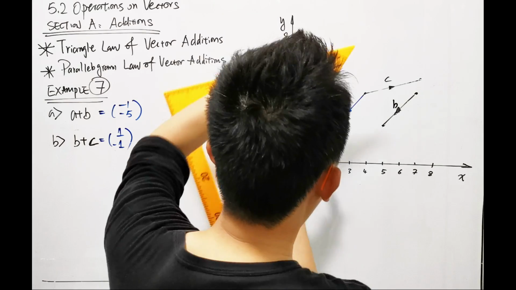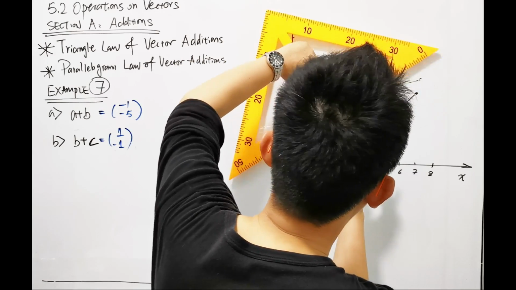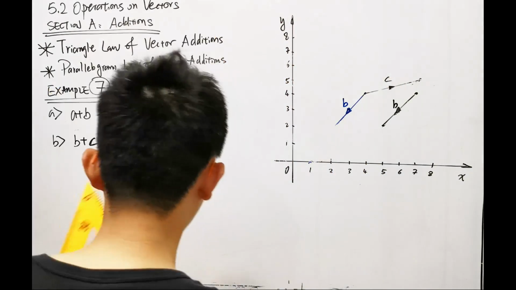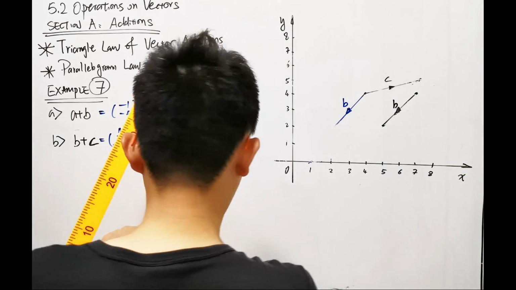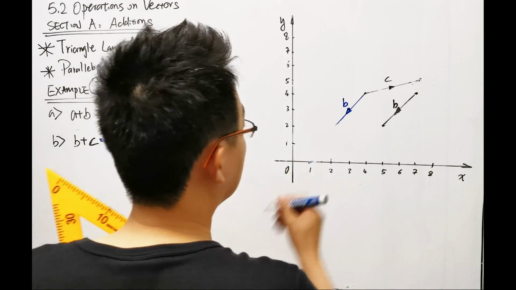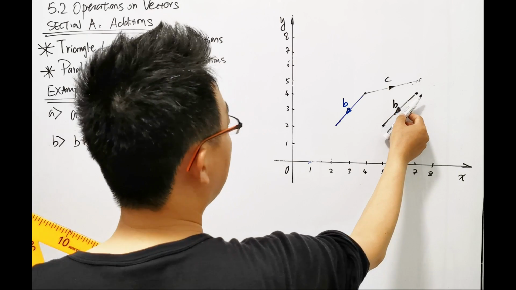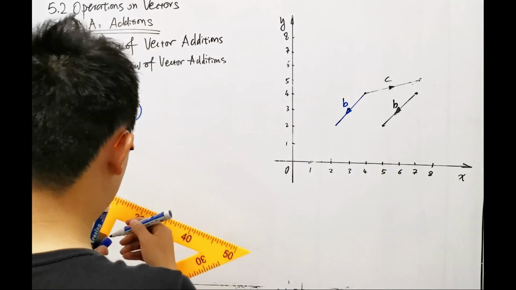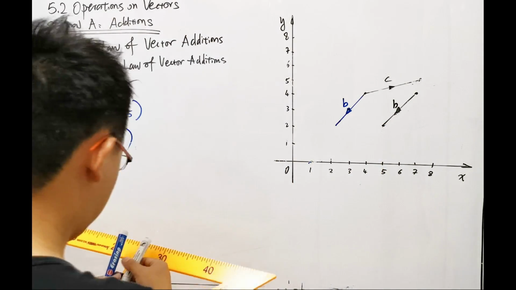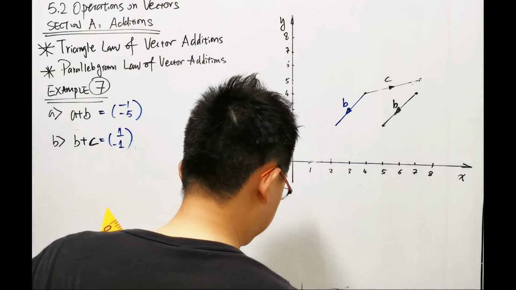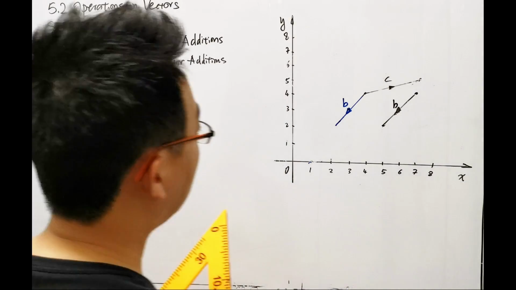We join up the initial point. Then from here, once we translate this one to here, we're now going to use the parallelogram law.